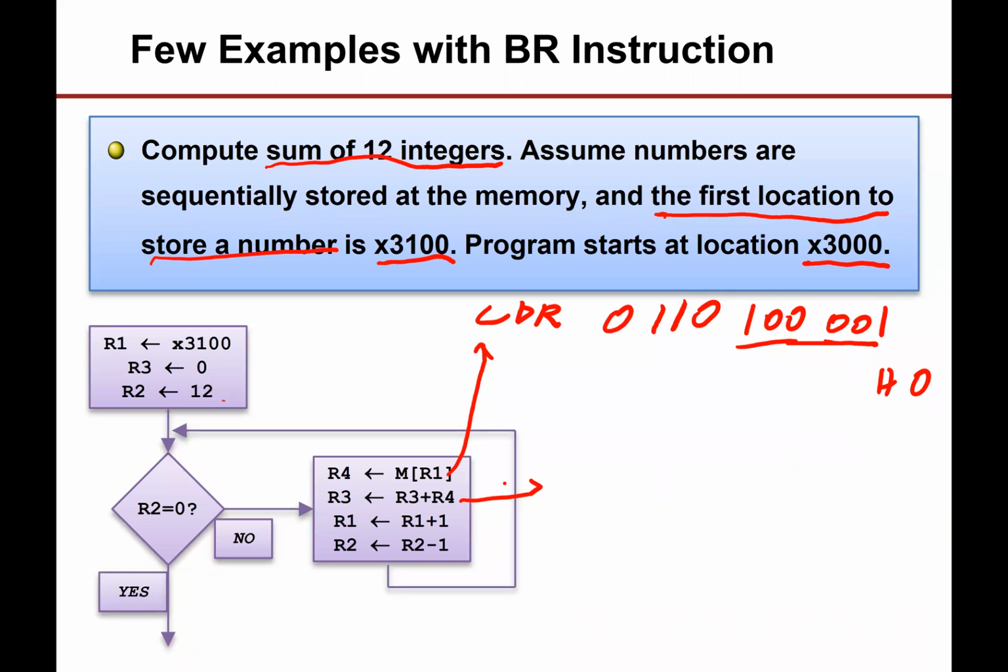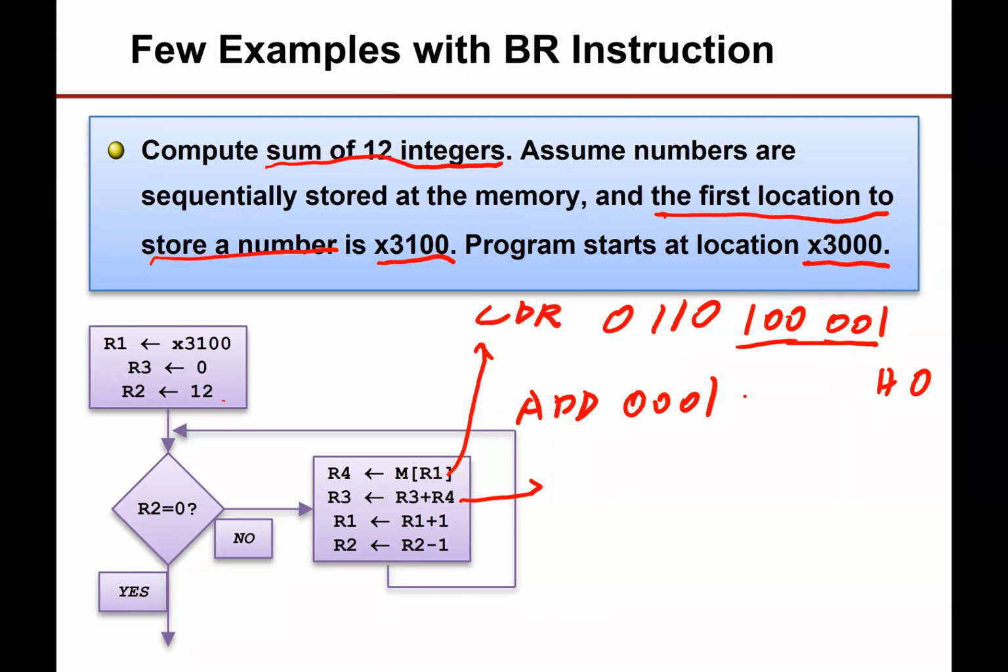So this is the first line. The second line is R3 plus R4, so this is an ADD instruction. It has 2 registers for 2 operands, so it is not immediate mode. So 0001.